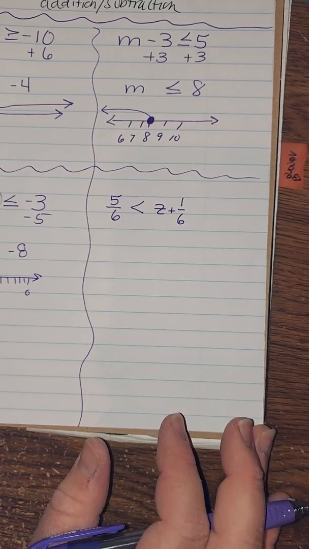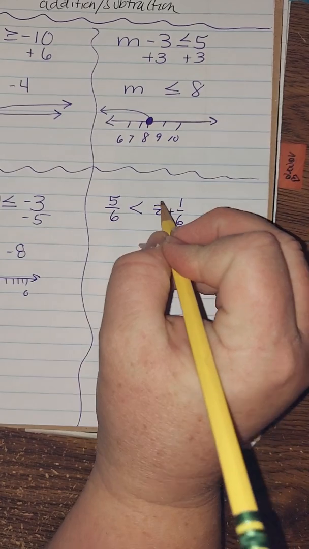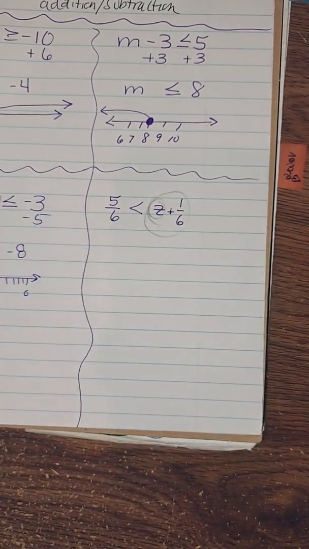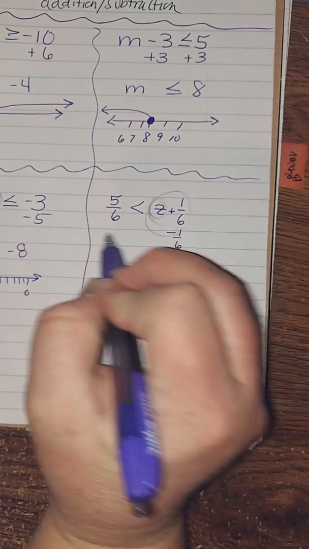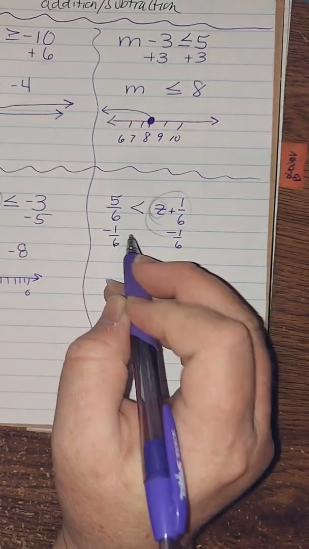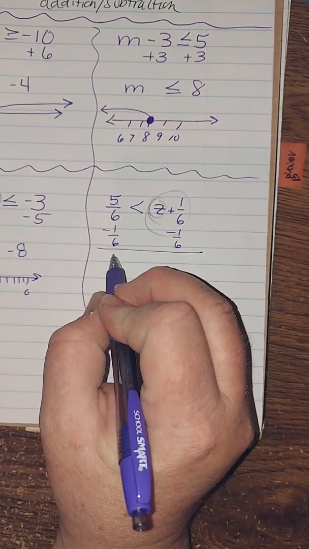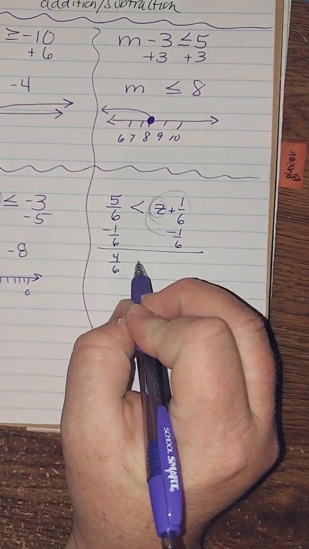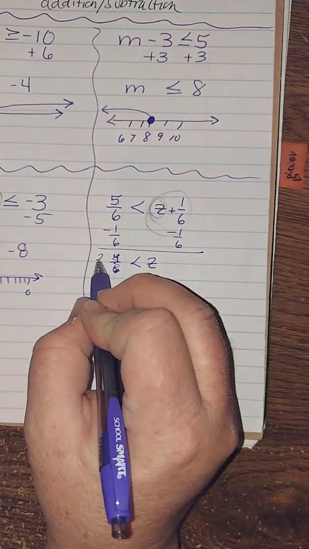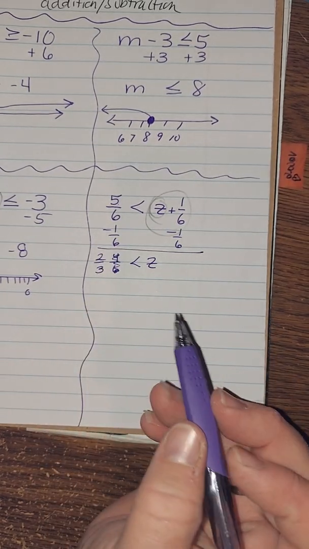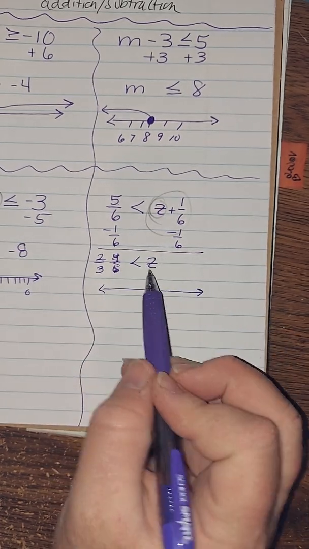Now, solve from the variable. Here we go. So minus 1/6. Remember, fractions are friends. It's okay. 5/6 minus 1/6 is 4/6, which reduces, right? That really reduces to what? 2/3. Now read this from the variable. Don't get tricked.